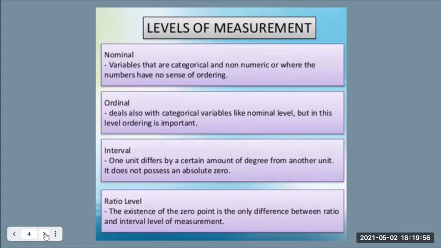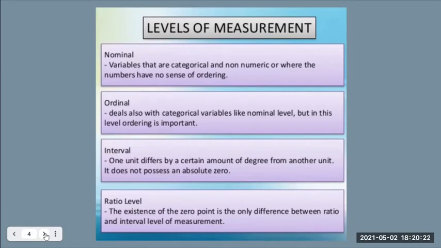Now we have the interval. One unit differs by a certain amount of degree from another unit. It does not possess an absolute zero. That means it is defined as a data type which is measured along a scale. It is also called the integer.